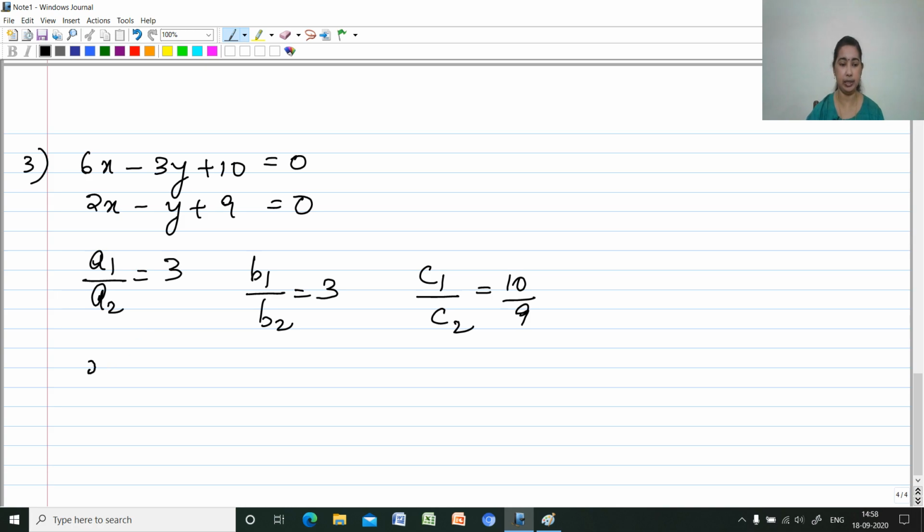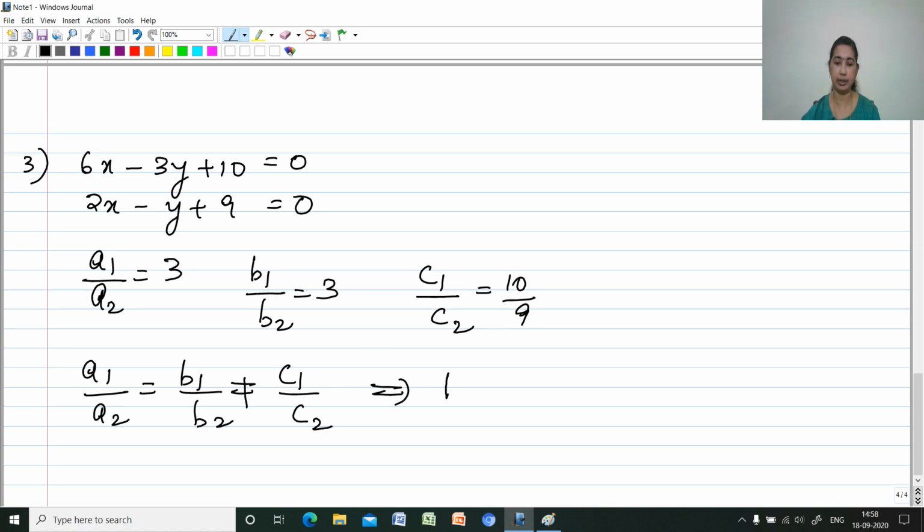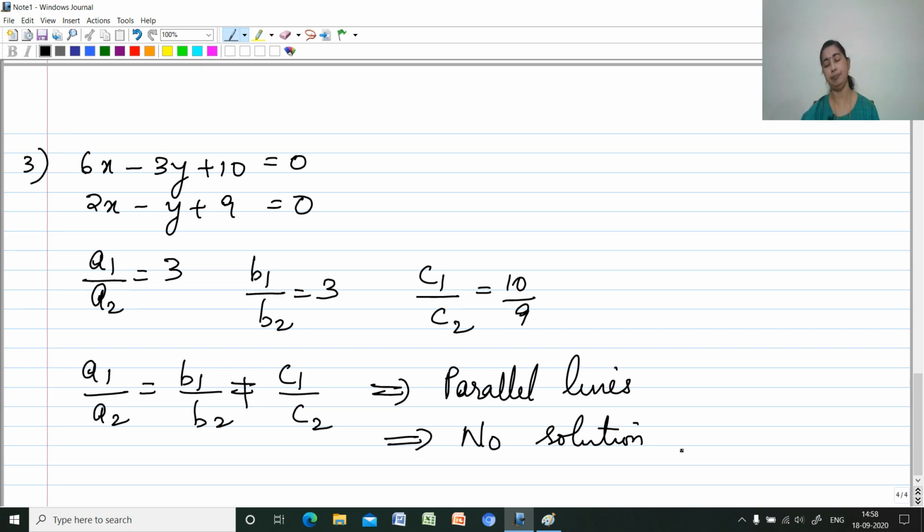So we are getting a1 by a2 is equal to b1 by b2 is not equal to c1 by c2. Therefore, this type of lines we call parallel lines. So they are inconsistent, with no solution, because they are not meeting at a point.